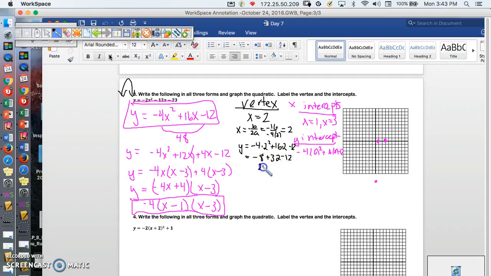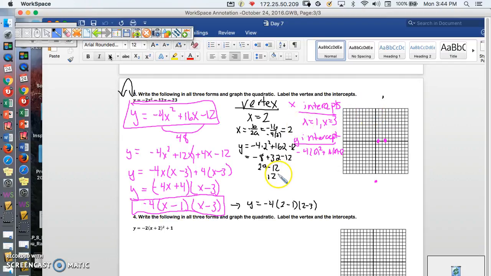So we got 24 minus 12, so it's 12. We could also plug it into negative 4 times 2 minus 1 times 2 minus 3, and we should get that exact same thing there. So we got 2 and 12.